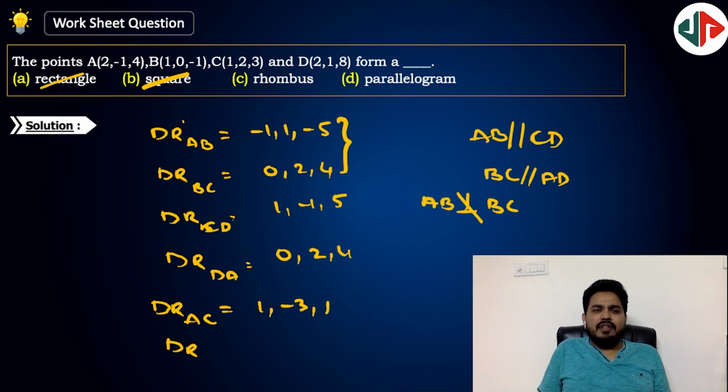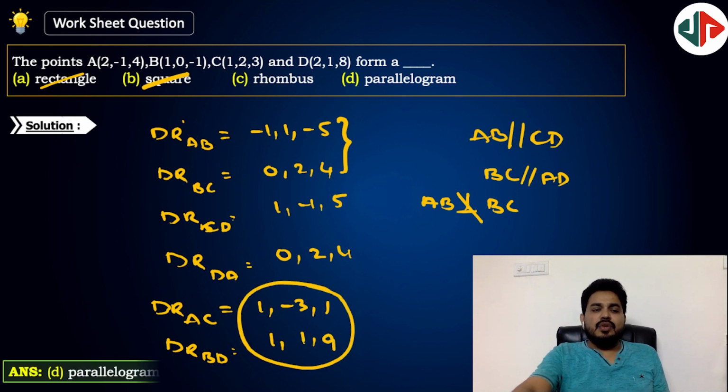DRs of BD: 2 minus 1, 1, 1 and 8 minus minus 1, 9. So these are not perpendicular. So this is a parallelogram. Your AC is not perpendicular to BD.